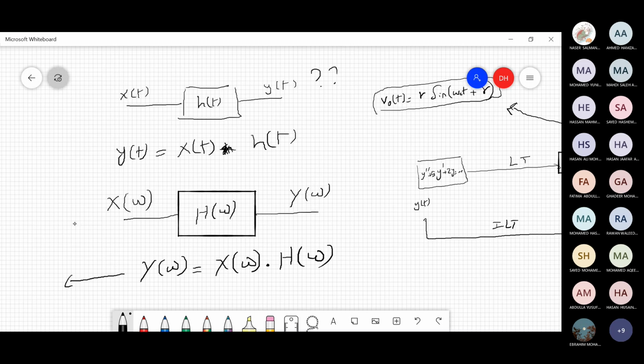Then you need to change it to y of t by using inverse Fourier transform. After solution, we have to use inverse Fourier transform to find y of t.